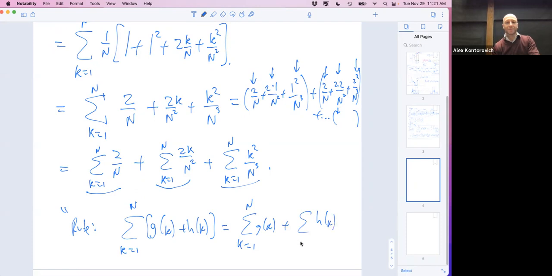Does that make sense? The k can be anything. Let's make this L. k is a dummy variable. You get to choose what you want to call the indexing variable. This is all, we're just working out the upper bound right now. Okay, does everybody see that?